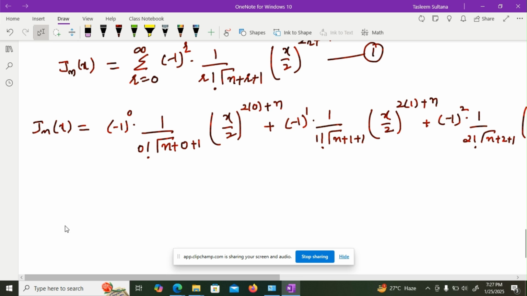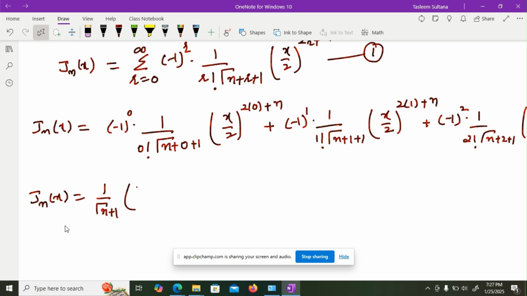So what we are going to get, J n of x is equal to, where we know that 0 factorial is equal to 1 and something to the power of 0 is equal to 1. So from here we are going to get 1 divided by gamma of n plus 1 of x by 2 to the power of n, minus 1 to the power of 1 is minus 1, so 1 divided by gamma of n plus 2 of x by 2 to the power of 2 plus n.